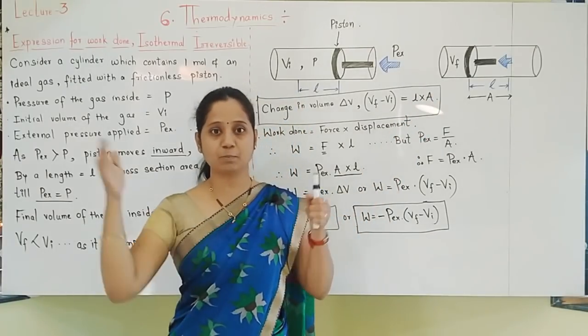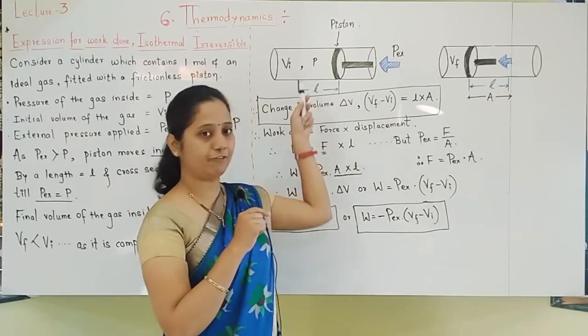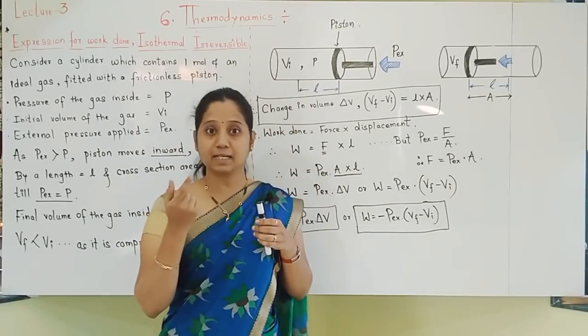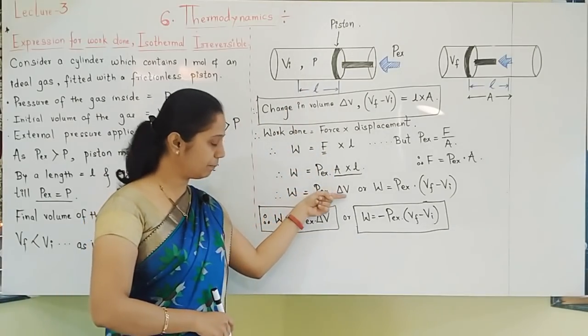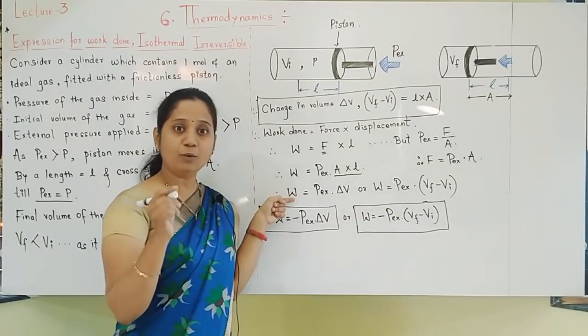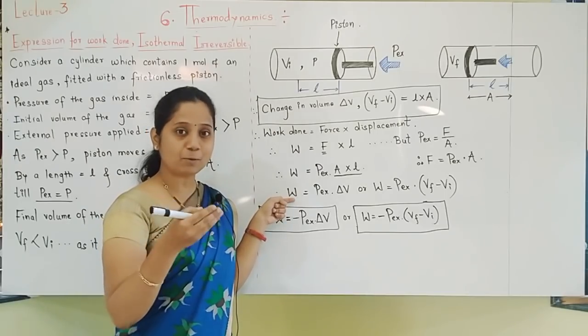Why is the final volume less? Because compression is taking place. Final minus initial, less minus higher volume, then the answer comes negative. So if we keep it like that, this work done answer comes negative, and work done can never be negative.